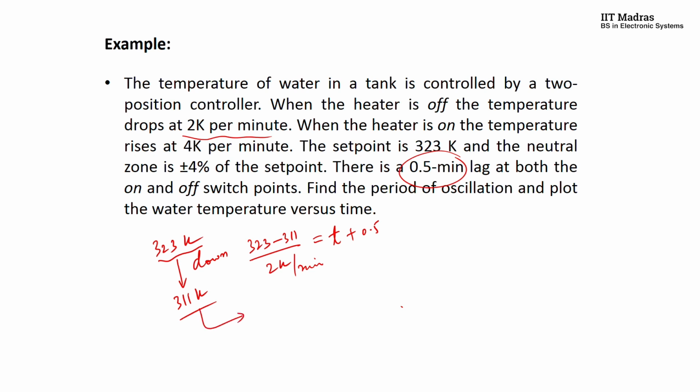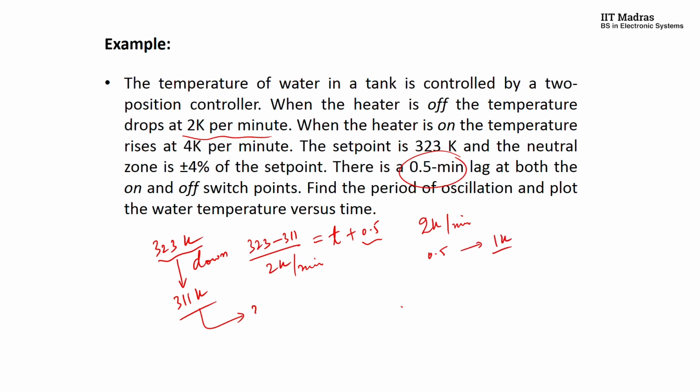What is the condition here? You are at 311 Kelvin, and the delay is 0.5 minute, and the rate at which the temperature is decreasing is 2K per minute. In 0.5 minutes, you will reduce your temperature by 1 Kelvin.